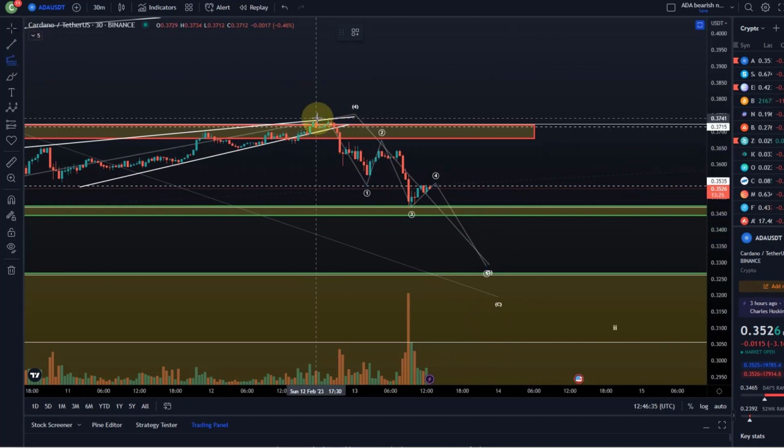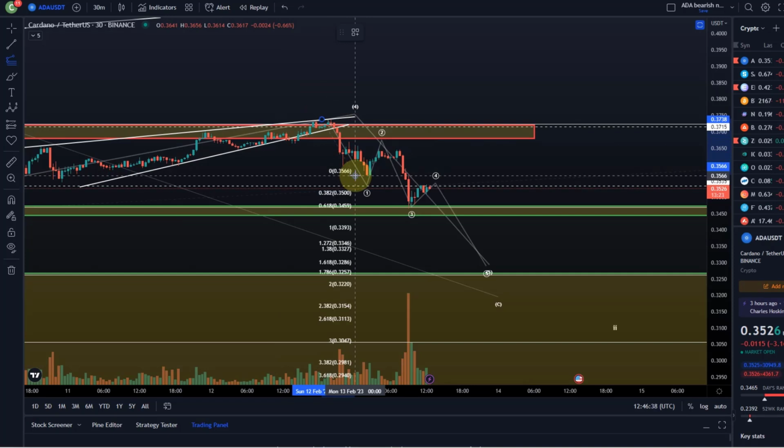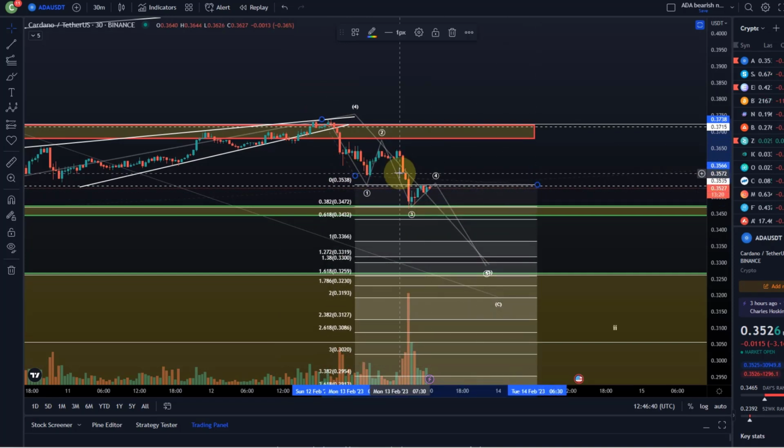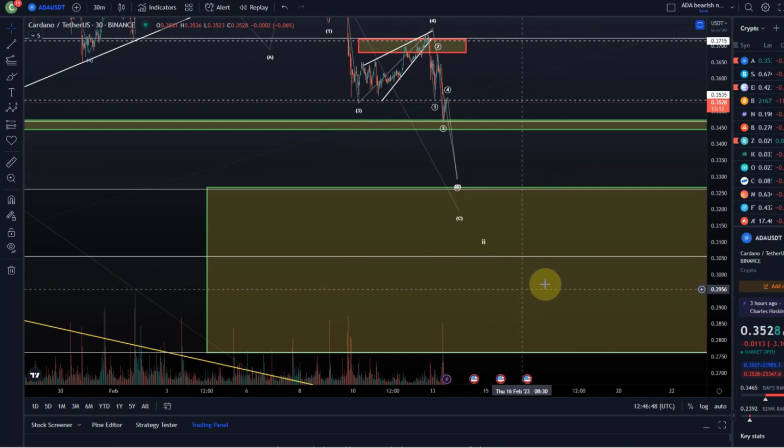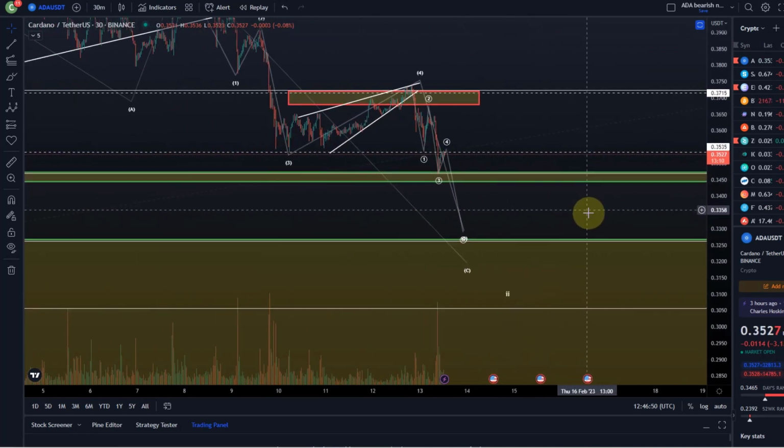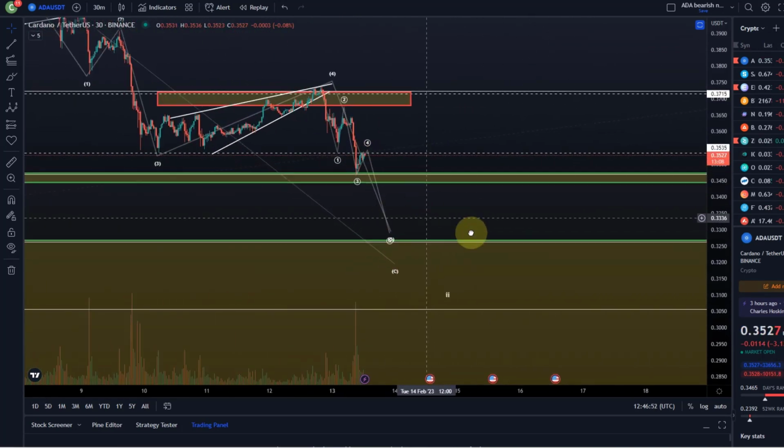But from what I see, the minimum the wave 5 should do from the current high is 33.6, the 1-to-1 ratio. So all I'm saying here, be aware that we might not come down into this support area, unless wave 5 is really an extended wave.